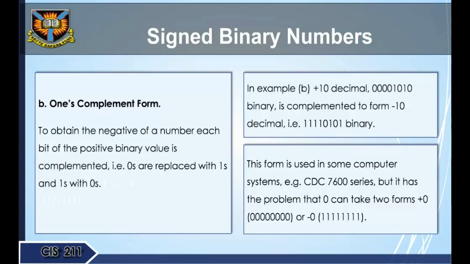This form is used in some computer systems, but it has the problem that 0 can take two forms, plus 0, 00000000, or minus 0, 11111111.